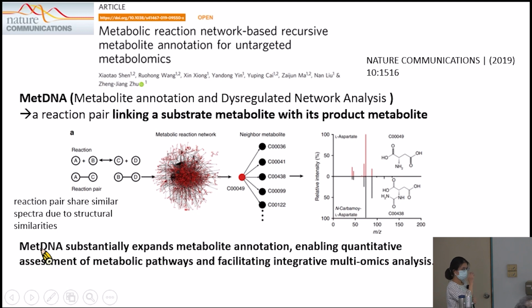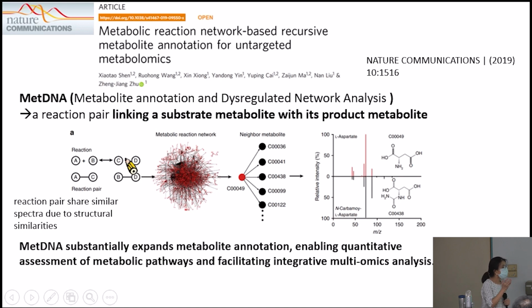The concept of this paper is to define one reaction pair. In a chemical reaction, we get the substrate, and this substrate will be catalyzed and converted into the product. Here, the substrate A plus B is catalyzed into the product C plus D.